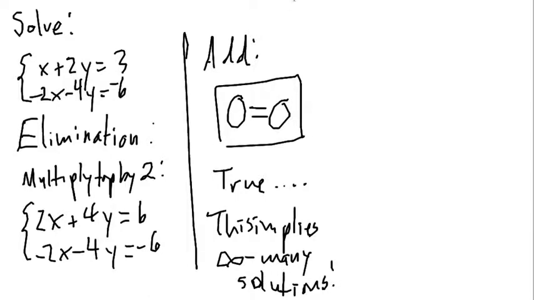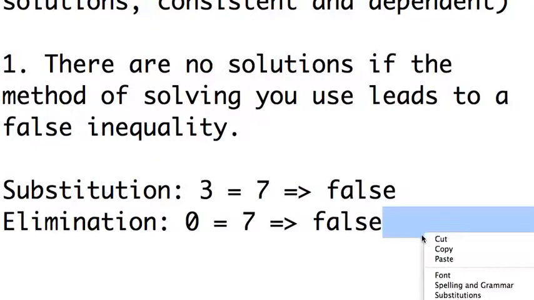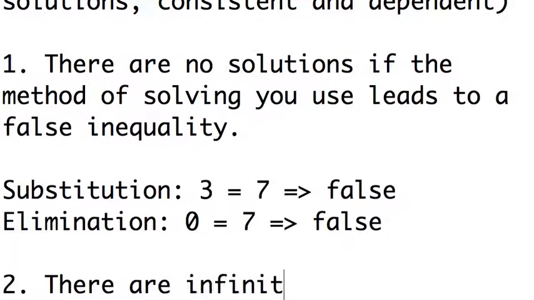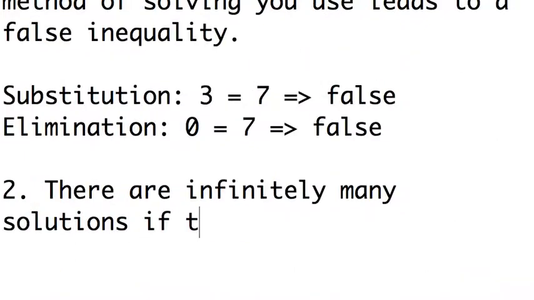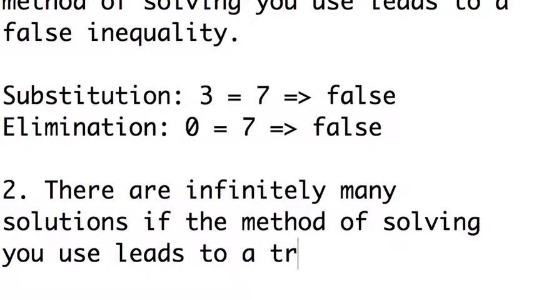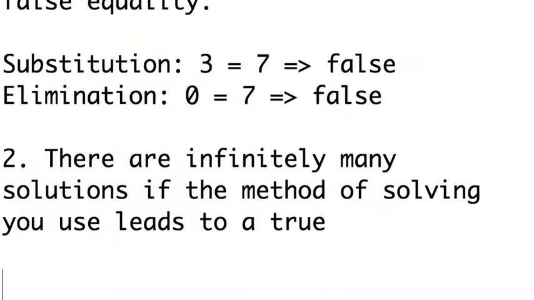Okay, so let's go back and write something down about this. Oops, sorry. So 2, there are infinitely many solutions if the method of solving you use leads to a true, the top should have said a false equality, so apologies about that.